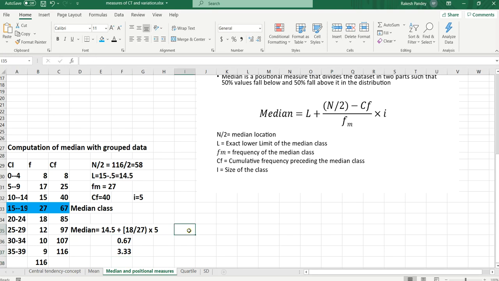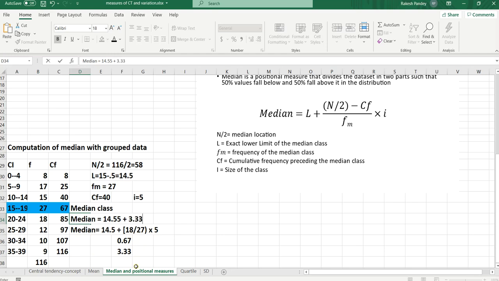So we can write that median is equal to 14.5 plus this value, which has come 18 by 27 into 5, 3.33.